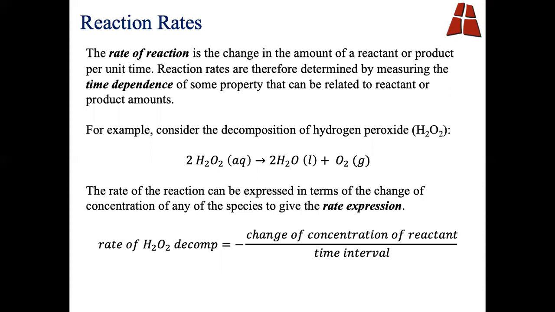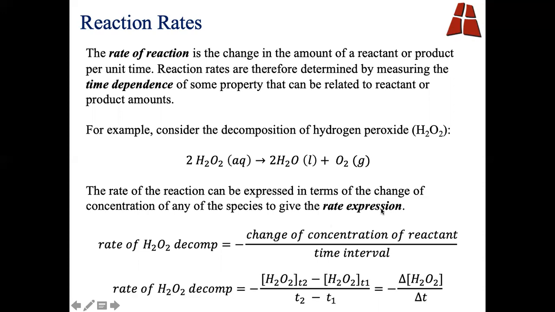If we wanted to write a rate expression for this, we could say that the rate of hydrogen peroxide decomposition is equal to the negative change in concentration of the reactant, because our reactant concentration is going to be going down as we form more product. So that is the change in concentration over some time interval, right?